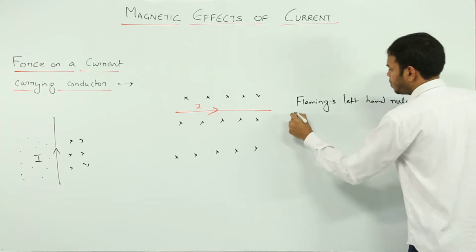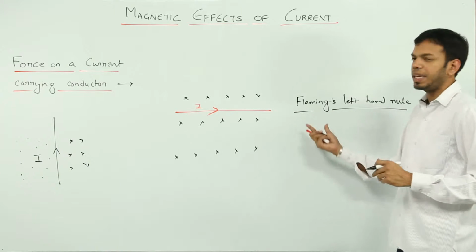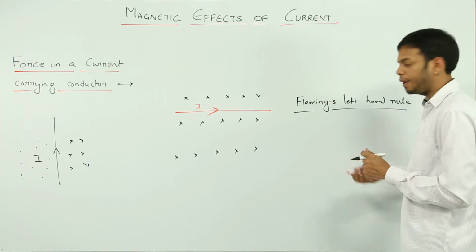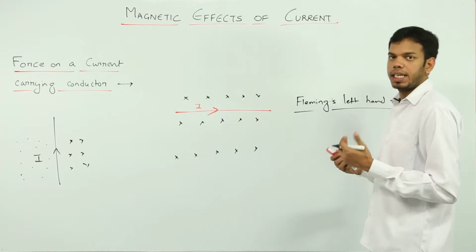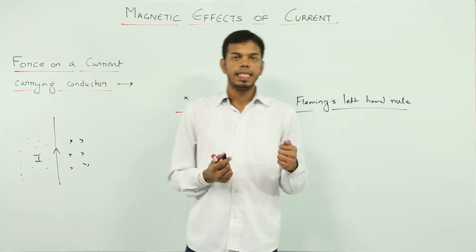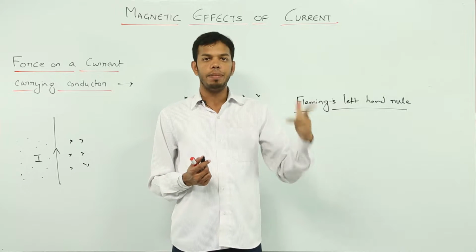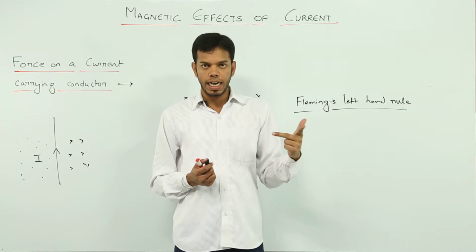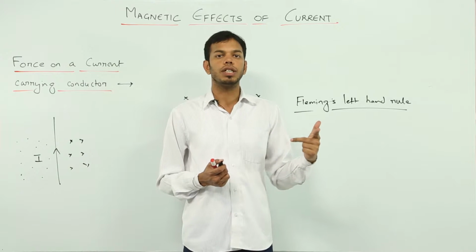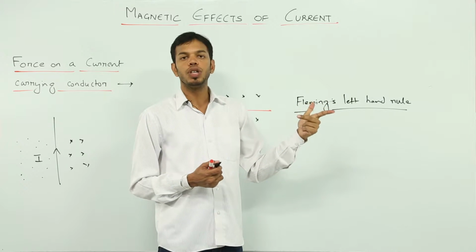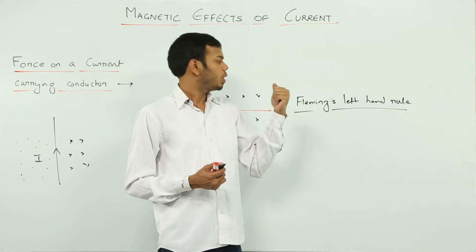In some textbooks they have not mentioned the word Fleming's, they have only mentioned left hand rule. So the rule states like this: if you place the thumb, first finger and middle finger of your left hand in three mutually perpendicular directions, like this. I'll repeat it again.